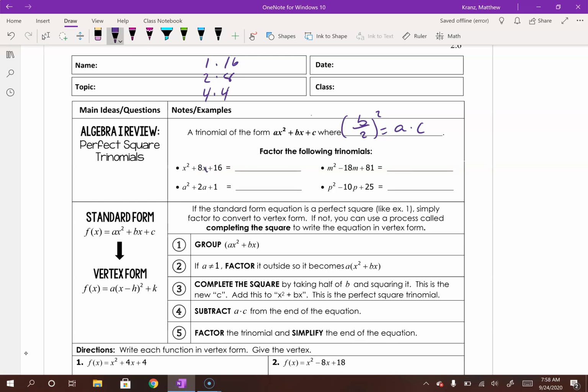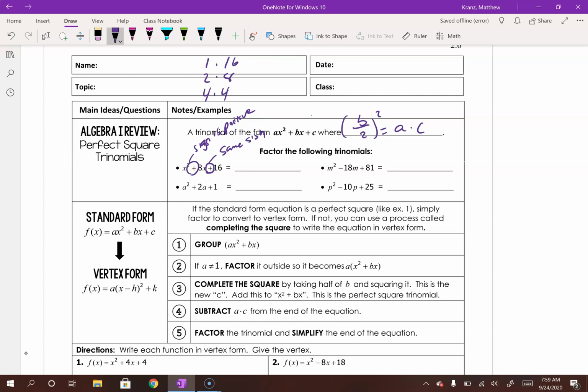So this tells me that they're both the same sign. And this tells me that that sign is positive. Right, so that means I need two numbers that multiply to 16 to add to be 8.